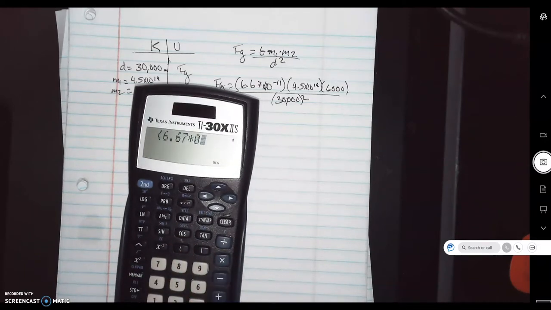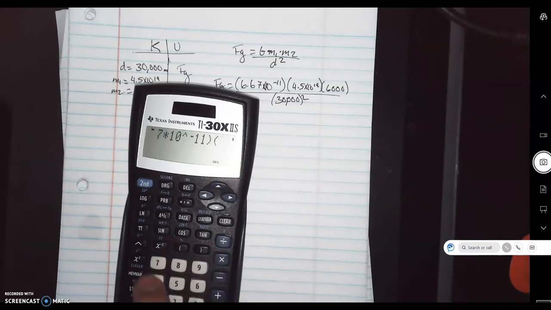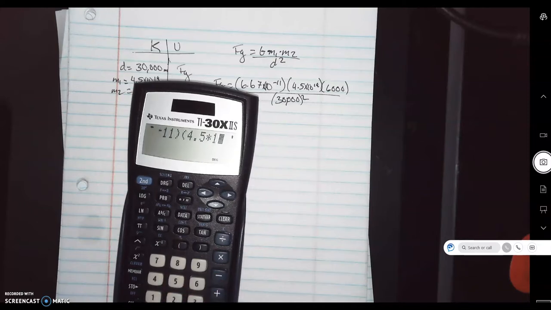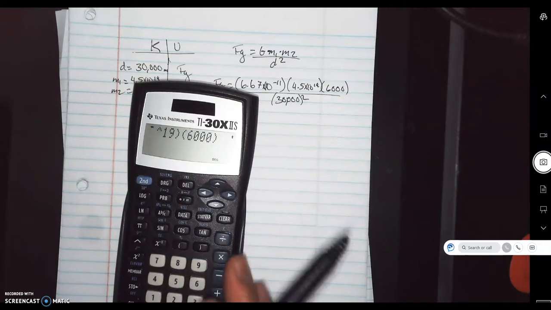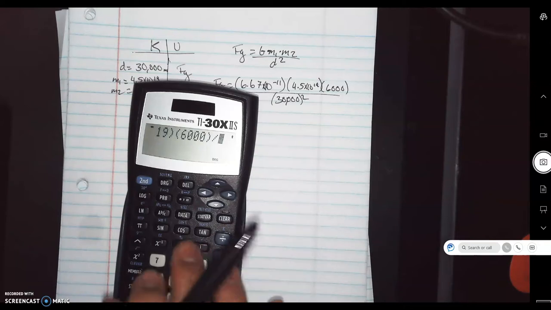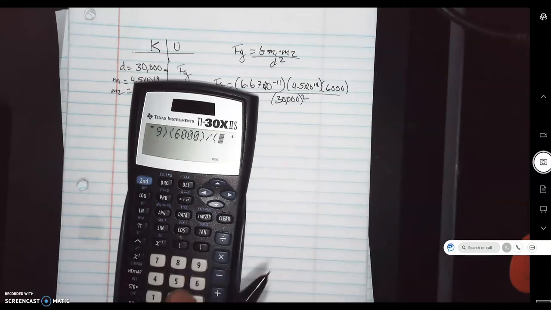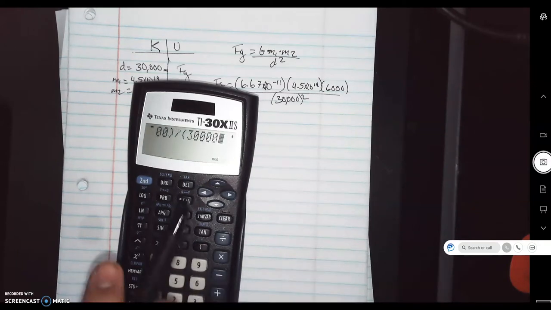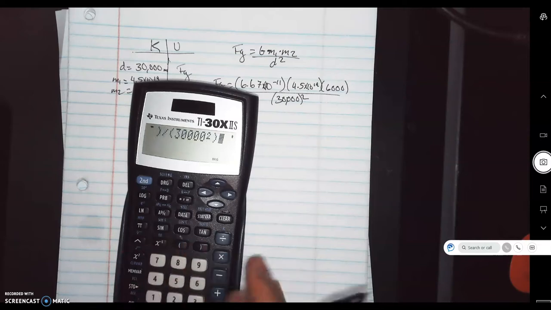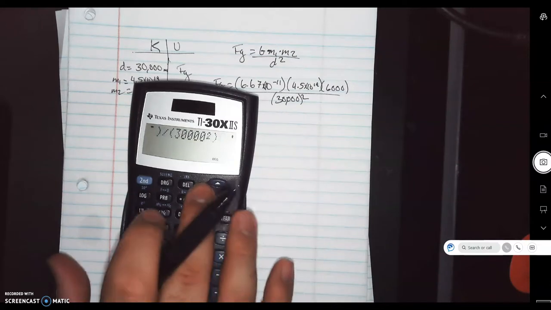So type in what you see at the very top line, so times 10 to the negative 11th, 4.5 times 10 to the 19th, and then multiply that by 6,000. So now that you have that, you could divide that by the bottom. Just make sure you have parentheses. So 30,000 squared.